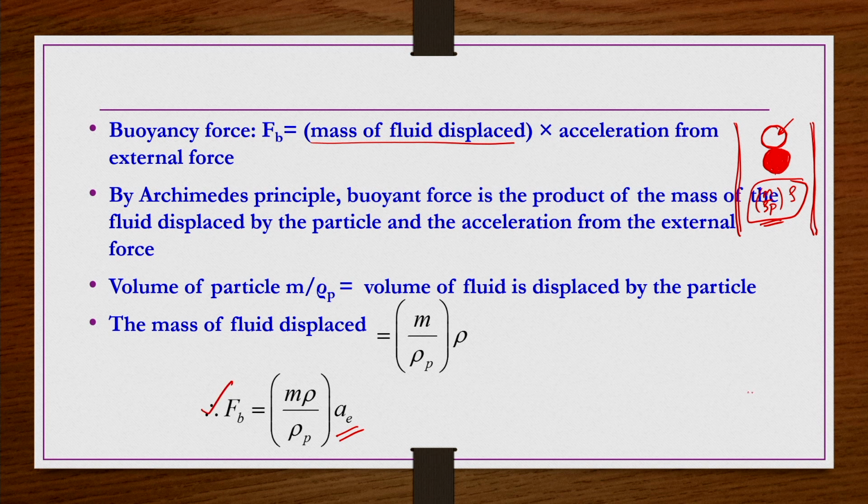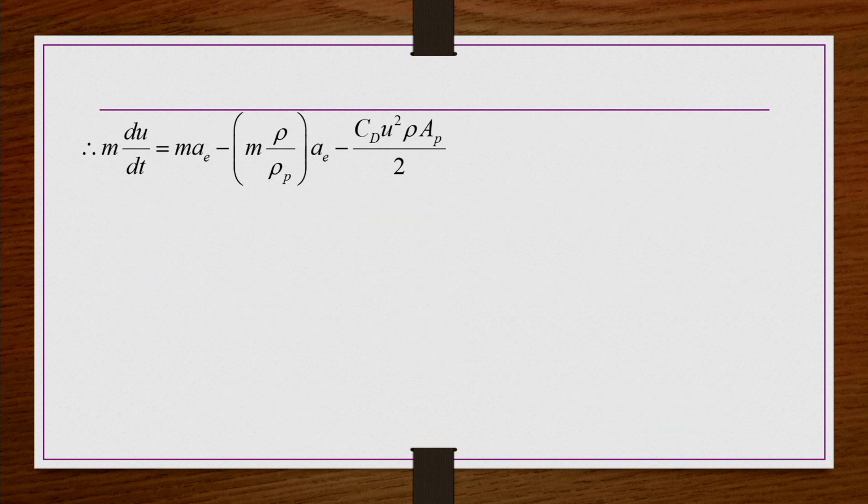So, now if we substitute these things in the force balance equation, we will get the final expression for the velocity. Here this rho is nothing but the fluid density, rho p is nothing but the particle density. So, when you substitute, m du by dt is the same on the left hand side of the force balance equation. This is the external force, this is the buoyant force, and this is the drag force, right.